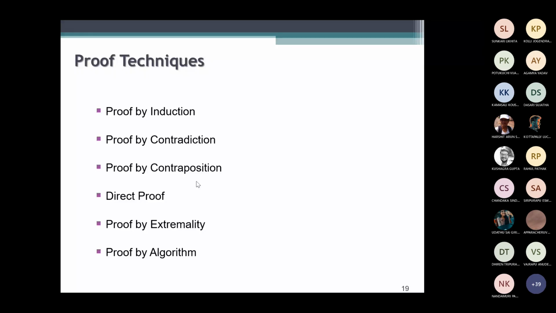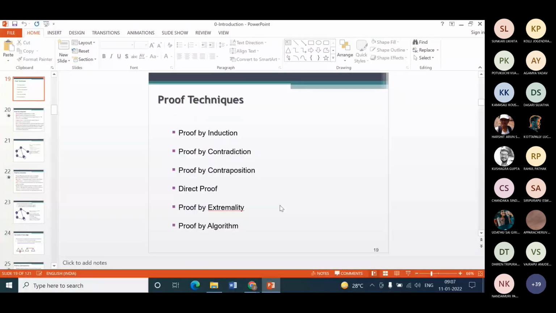There are some direct proofs, proof by extremality. We'll discuss all these things, and proof by algorithm. This last one is sometimes called proof by algorithm or proof by construction.